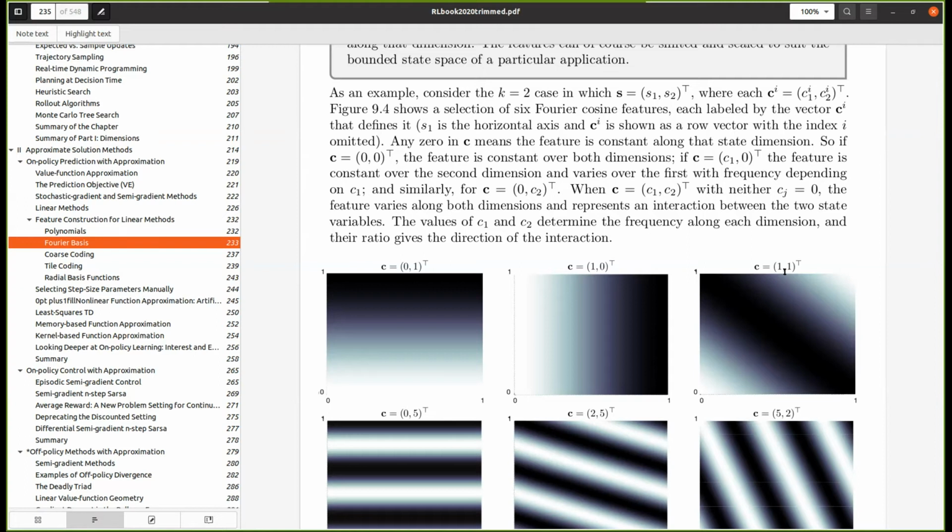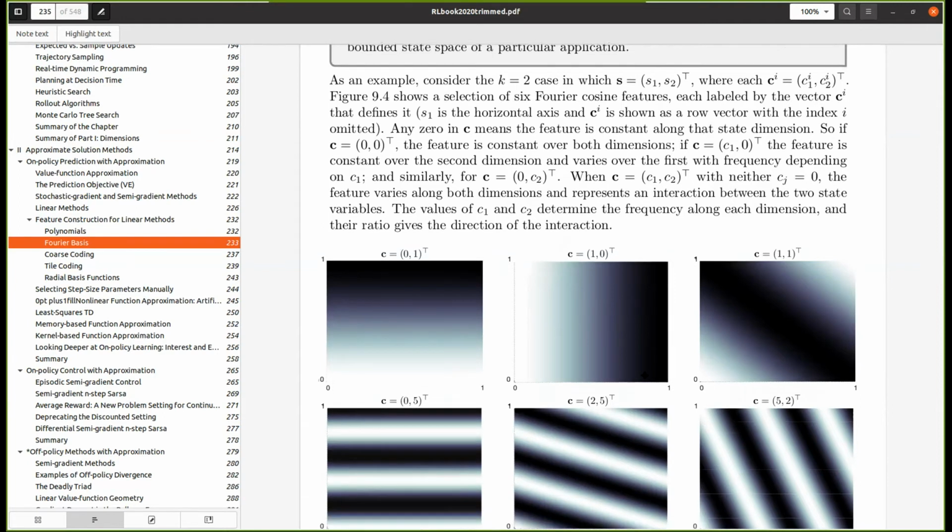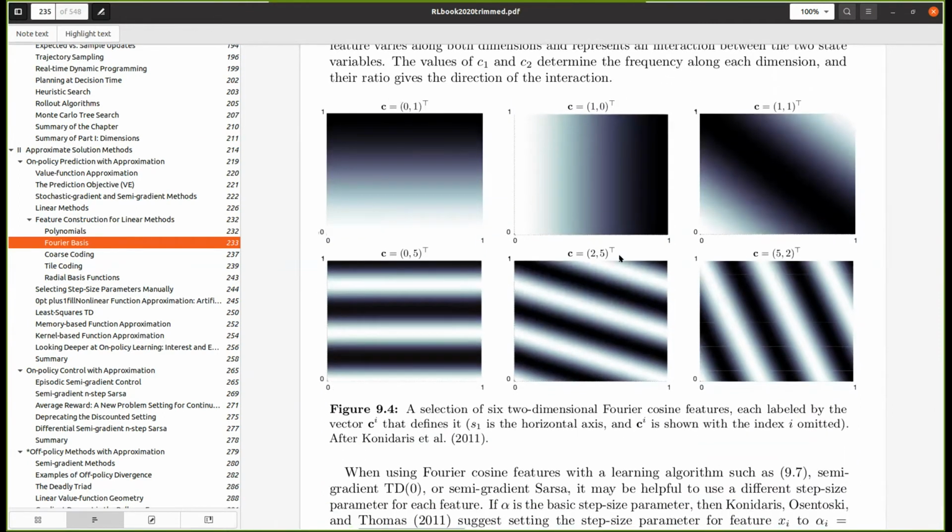You can see that when we select this cosine in two directions, then we have this kind of diagonal pattern here, and then we increase frequency, and we can also have different inclination of these stripes here.